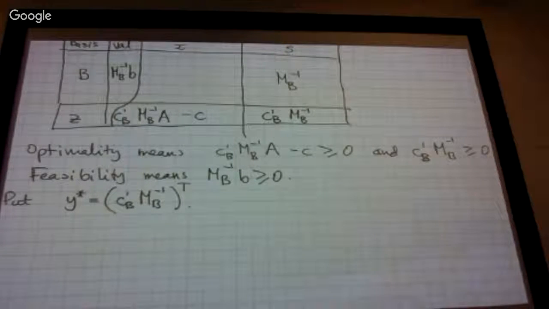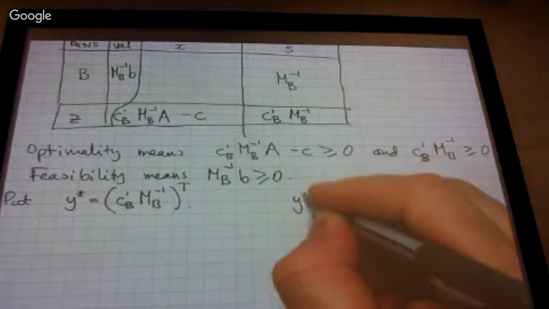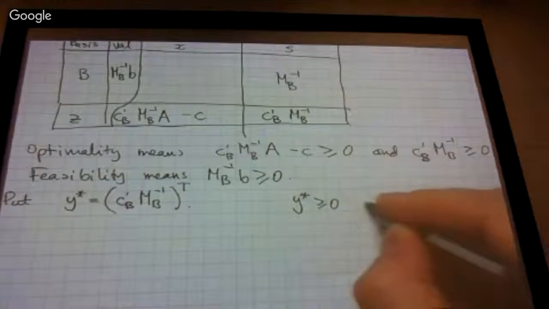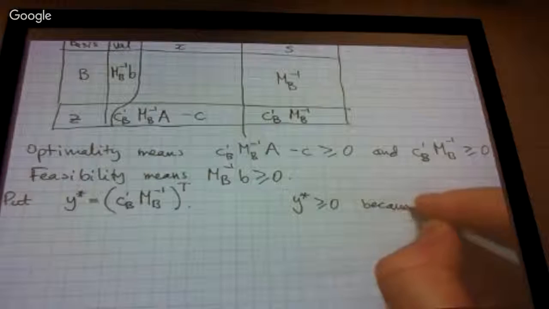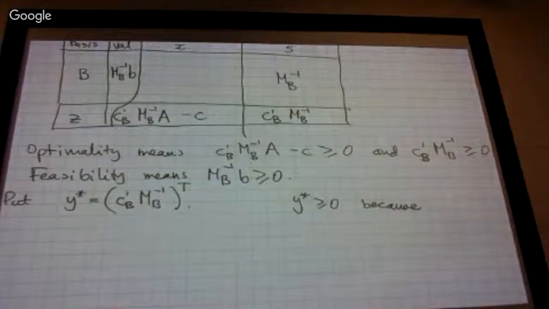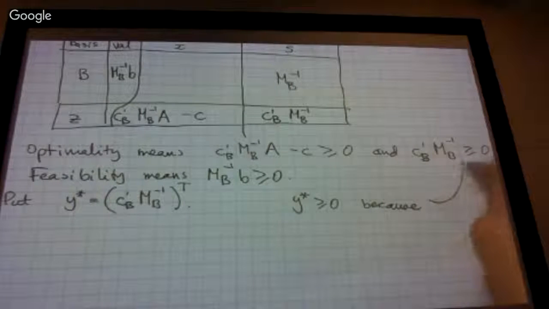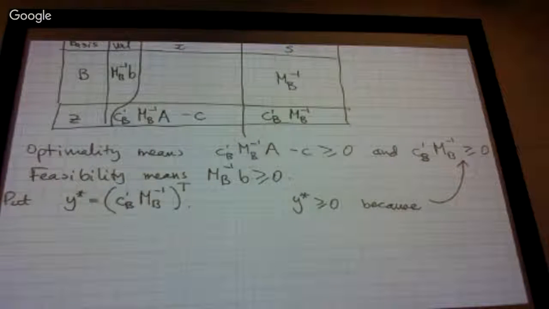Okay, so this is non-negative because we have this. So from optimality, we get that it's non-negative.